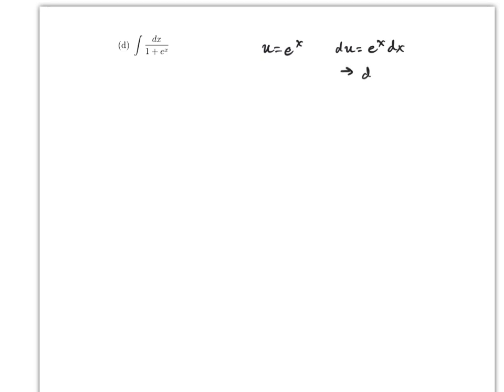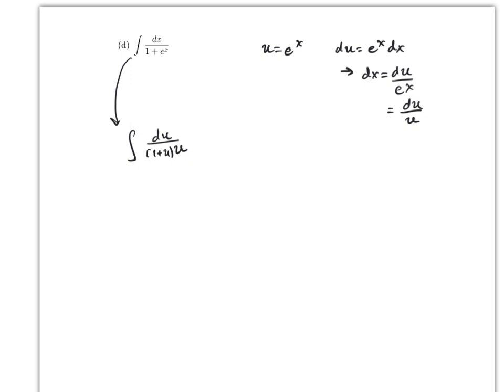From here, notice that dx is equal to du over e to the x, but that means this is du over u. So therefore, if you plug it in, this will be du over u for this part, which is the dx, and the 1 plus e to the x should be 1 plus u.